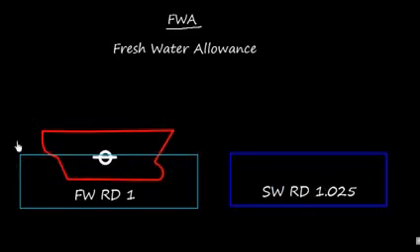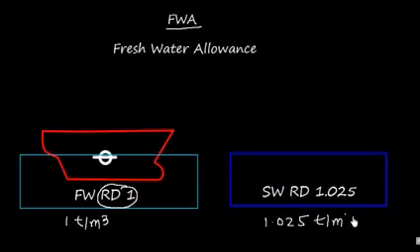Now let us discuss the densities also. The freshwater relative density is 1, which simply means that the density of freshwater is 1 ton per cubic meter. Similarly, the relative density of salt water is 1.025, which simply means that the density of salt water is 1.025 ton per cubic meter.